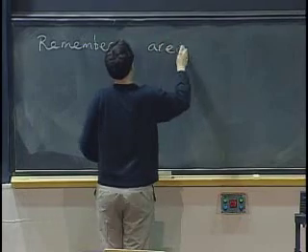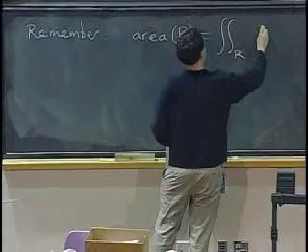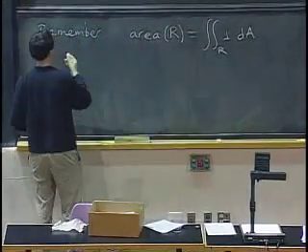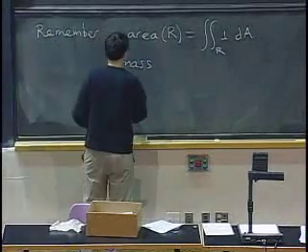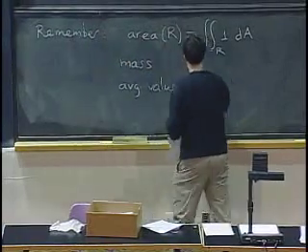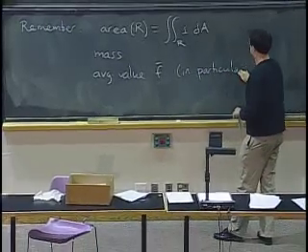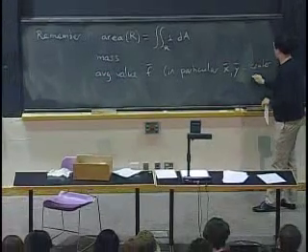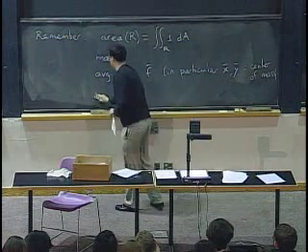So for example, the area of a region is the double integral of just dA. If it helps you, 1 dA if you want. You're integrating the function 1. You have to remember formulas for mass, for the average value of a function, say f bar, in particular x bar, y bar, which is the center of mass, and the moment of inertia.